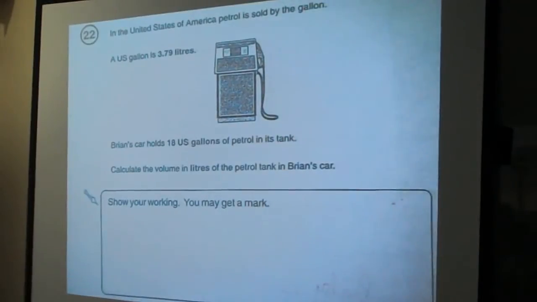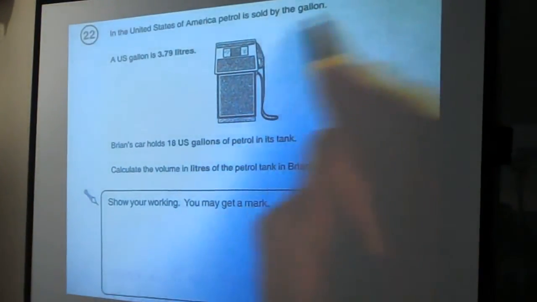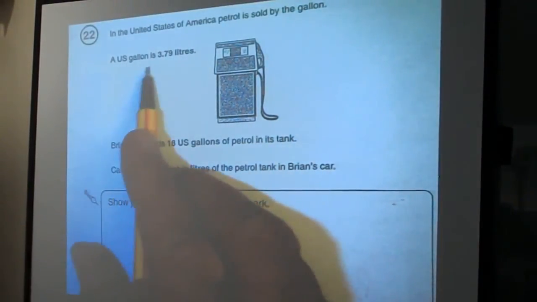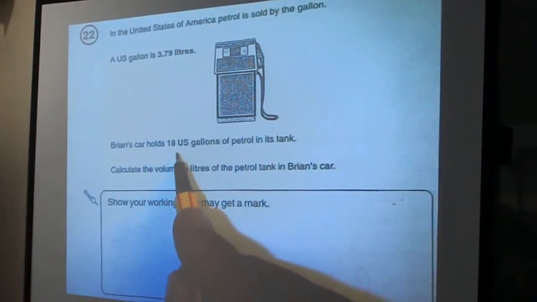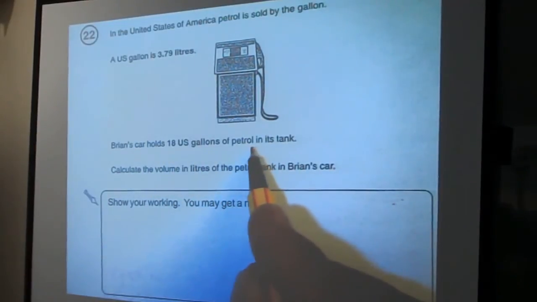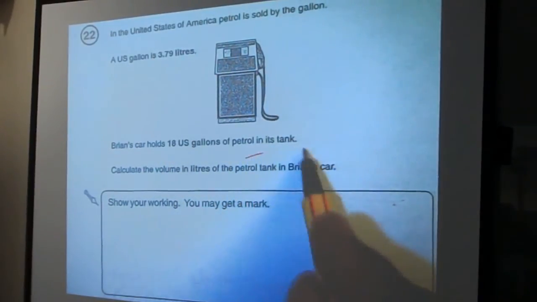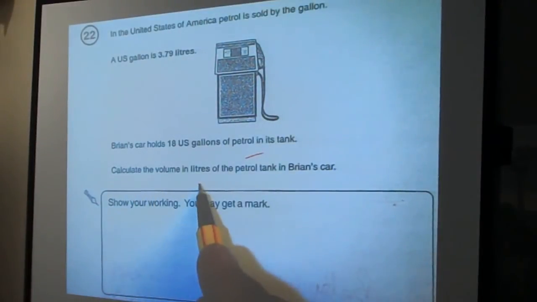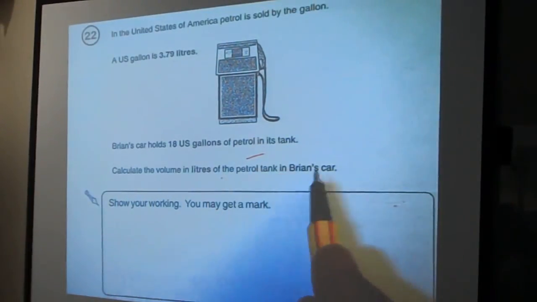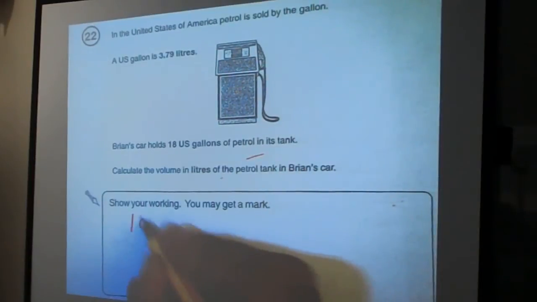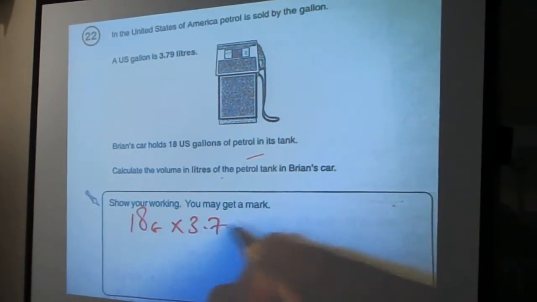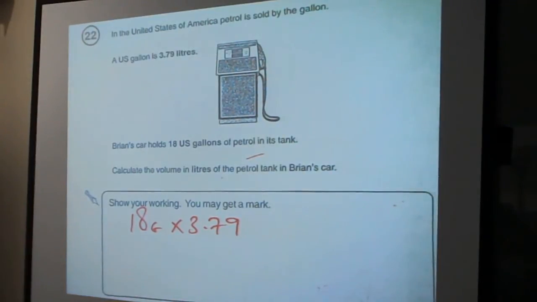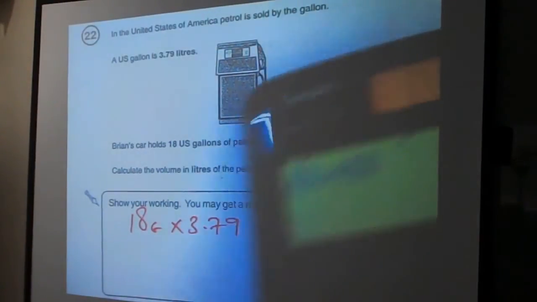In the United States of America, petrol is sold by the gallon. A US gallon is 3.79 liters. Brian's car holds 18 US gallons of petrol in his tank. Calculate the volume in liters of the petrol tank in Brian's car. Now, we have 18 gallons, and each gallon has how many liters in America? 3.79.